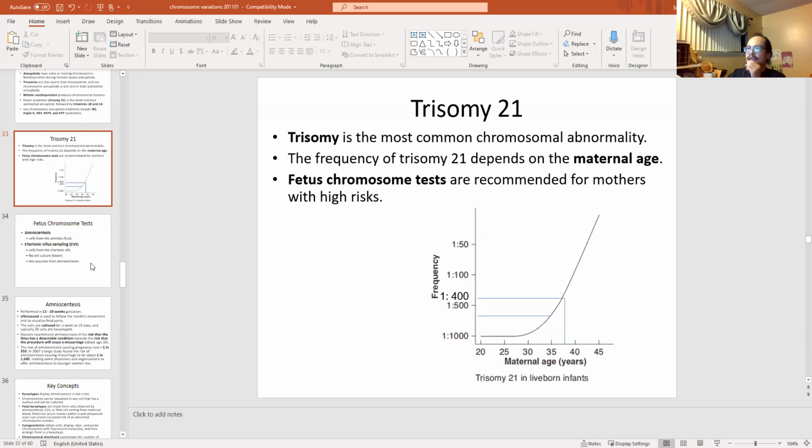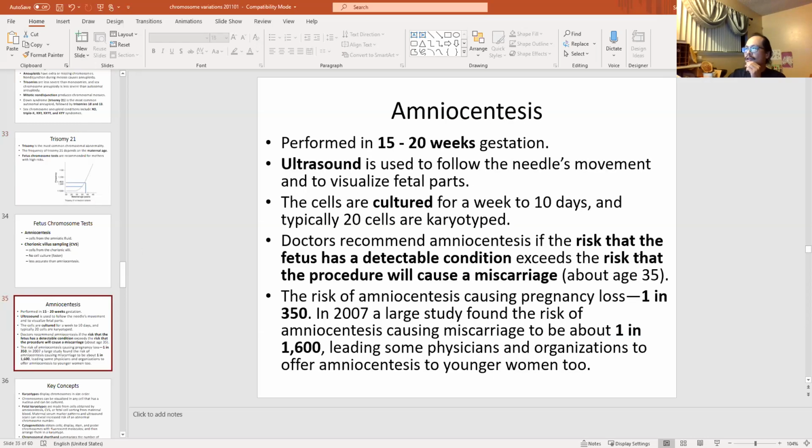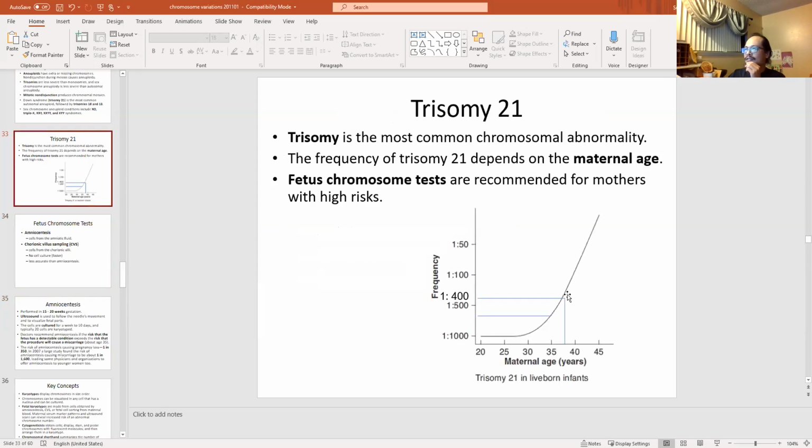Sorry, I was wrong. 1 in 350 is not there. Let's move it up. 1 in 350 should be around here, all right? And this one would be somewhere here.